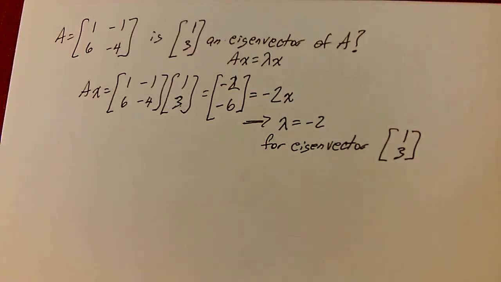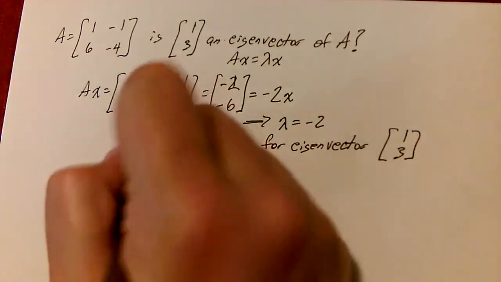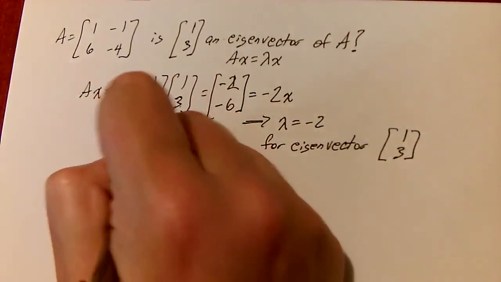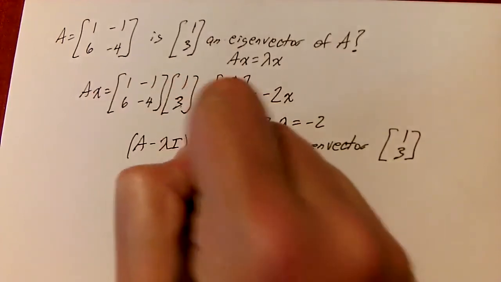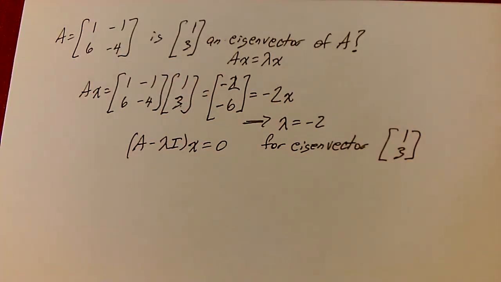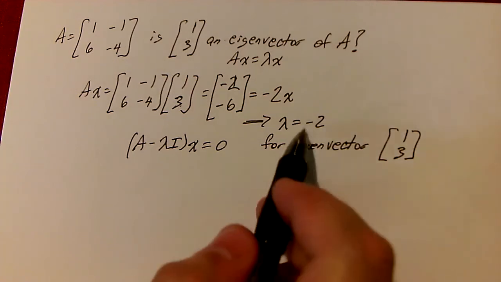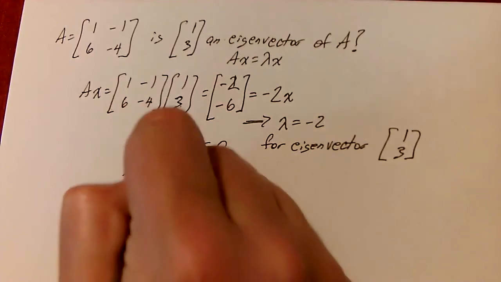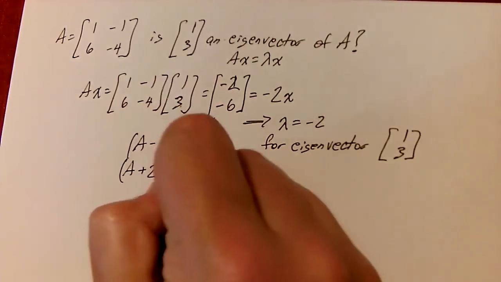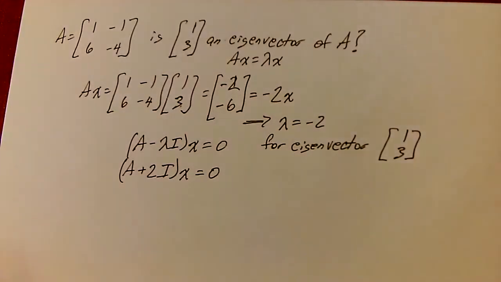Now we know this is an eigenvector, so we should get a relationship here that we can look at. We know that I'm looking at A minus lambda I times x is equal to 0. I know this is going to work for lambda equals negative 2, so I'm looking for A plus 2I times x equals 0.